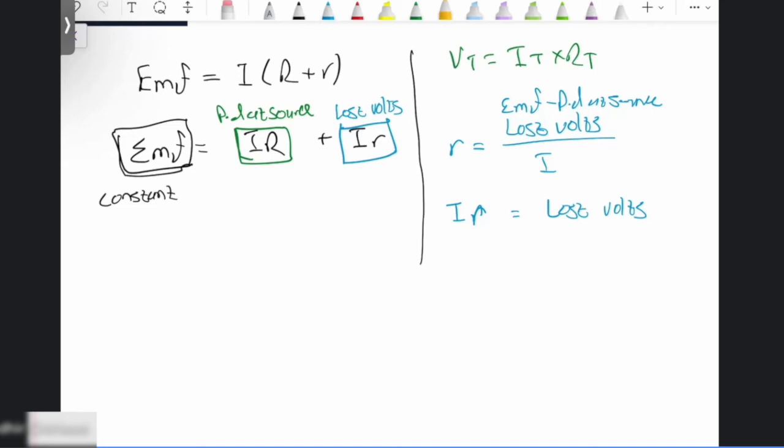Now what we're saying is, if your current increases, your lost volts will also increase, which means that this should decrease, because remember, EMF must remain constant. If your current increases, your potential difference at your source must decrease so that your EMF can remain constant. I hope that makes sense, guys.